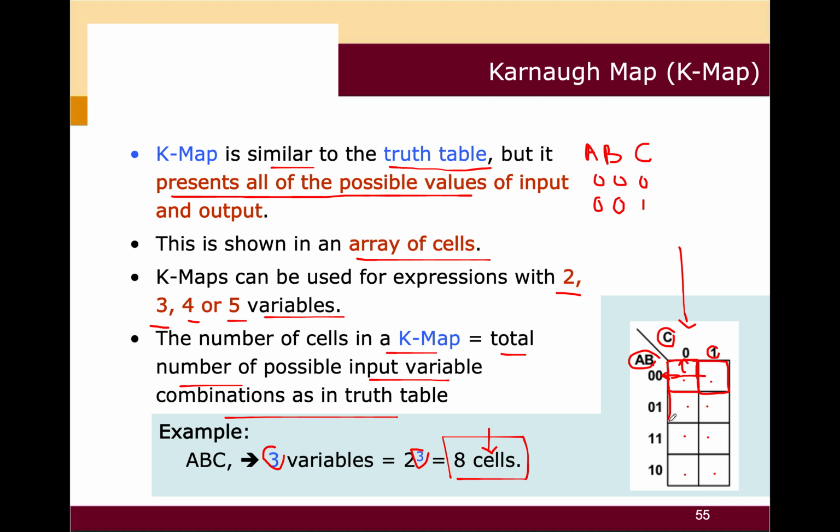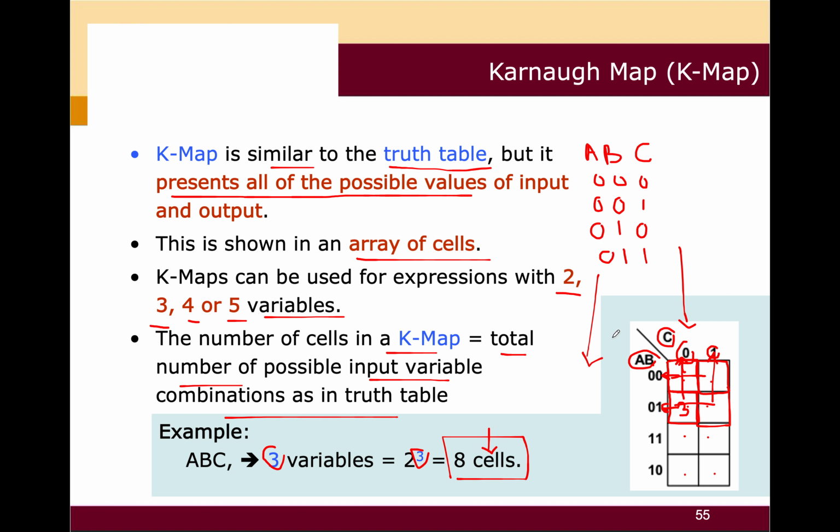Let's go to here. The third cell here, you look into the AB input, which is 0, 1, and move up, you look into your C input. So the fourth is like this, you look into 0, 1, and then move up, your C is 1.